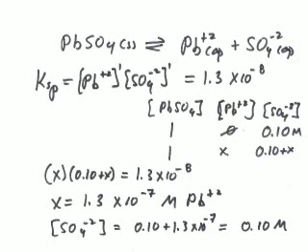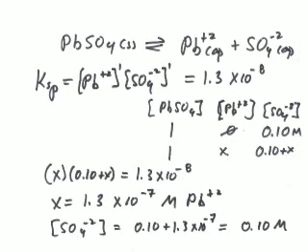The Ksp for lead sulfate is 1.3 times 10 to the minus 8. The original concentration of lead sulfate this time is now 1. There wouldn't be any lead ions in solution. We've assumed 100% precipitation. And the remaining sulfate in solution is 0.1 molar. Have to solve for x. x times (0.10 plus x) equals 1.3 times 10 to the minus 8.